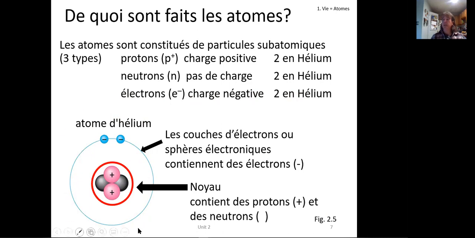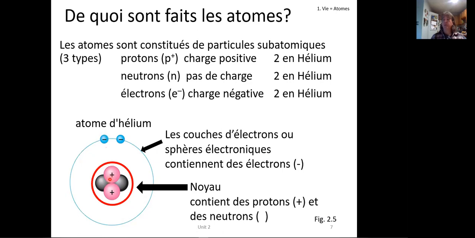So in this diagram of helium, I can see there are 2 protons, 2 neutrons, 2 electrons. A positive charge cancels a negative charge.